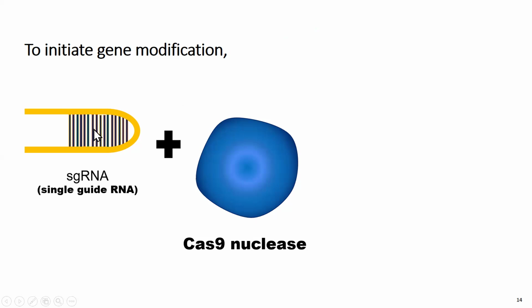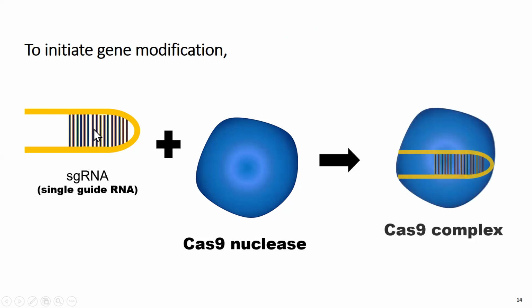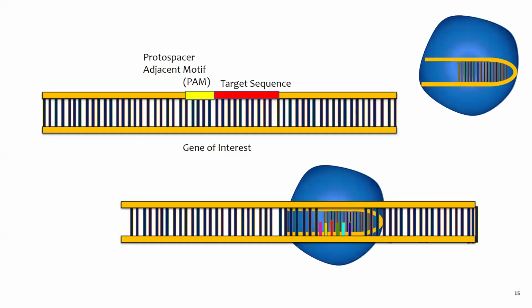So you just combine these two and develop the Cas9 complex. That means here guide RNA plus Cas9 enzyme, and then you grow it with the cell, and as you put in the address, this guide RNA is the address, and you can say Cas9 is the postman.